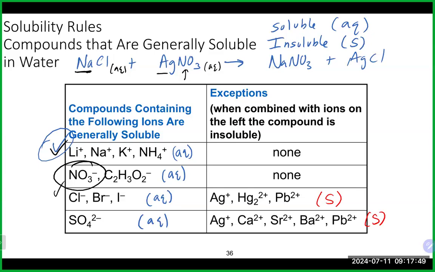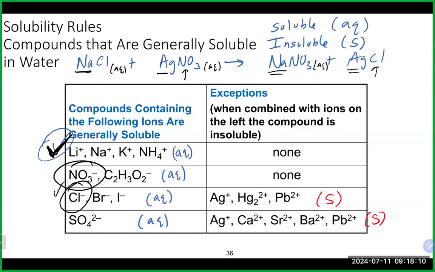Once again, on the right-hand side, I come to sodium, which is our first one here, and there are no exceptions, which means I do not even need to look any further. I know it's going to be aqueous and soluble. I could also look at the nitrate, which has the same rules. Now I look at silver, and I do see chloride here.